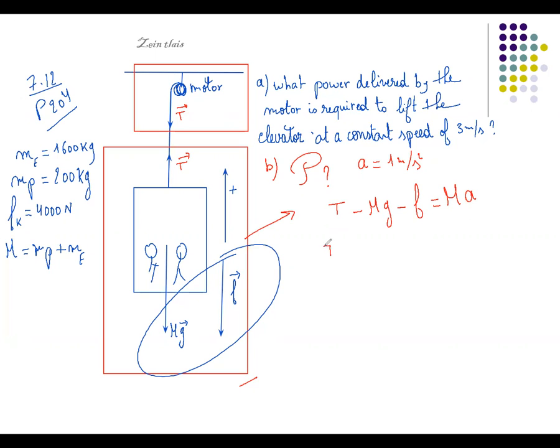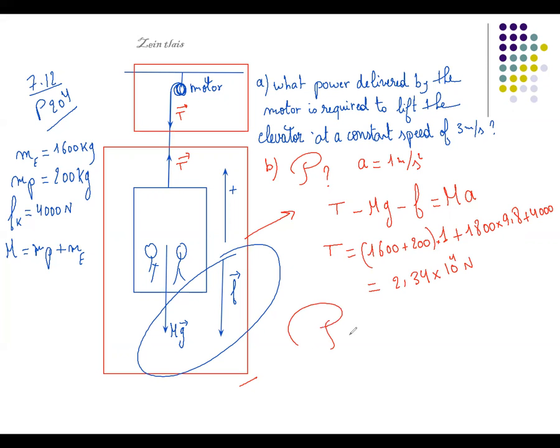So T equals m, 1600 plus 200, times 1, plus mg, times 9.8, plus F. We get T equals 2.34 times 10 power 4 Newton.